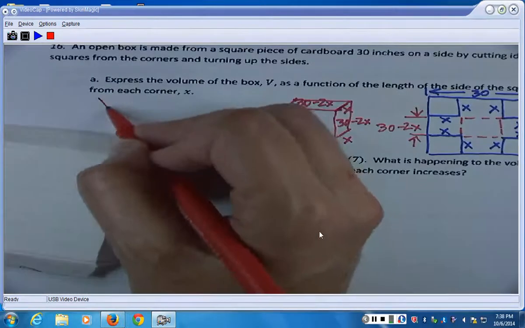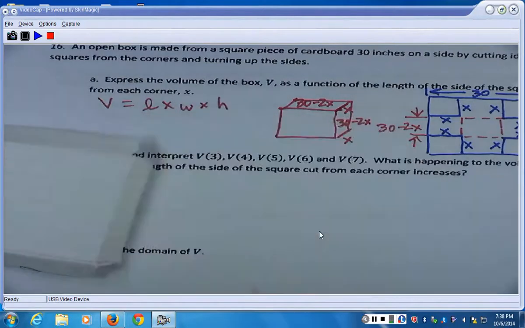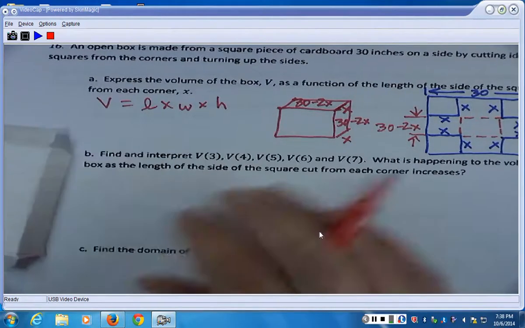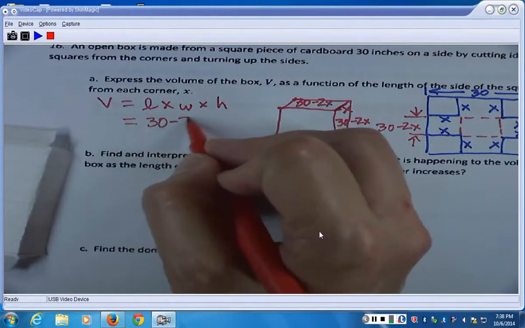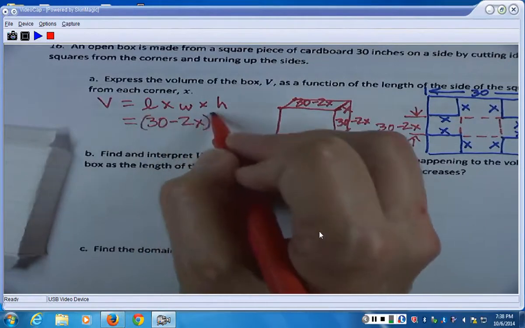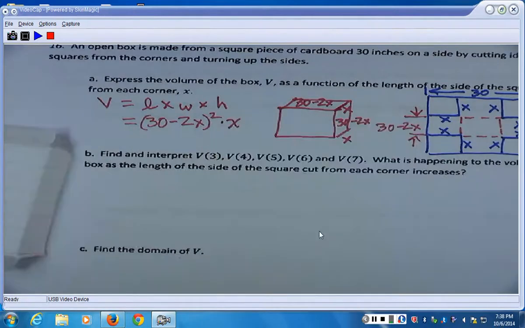So volume is length times width times height. So we're going to have 30 minus 2X squared times X. And that's our volume.